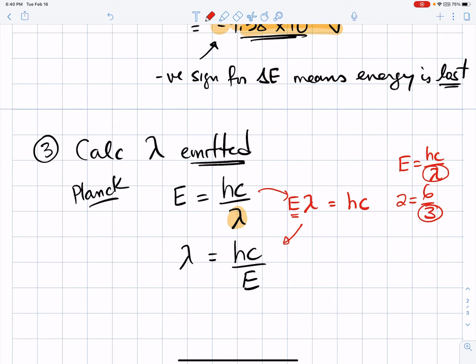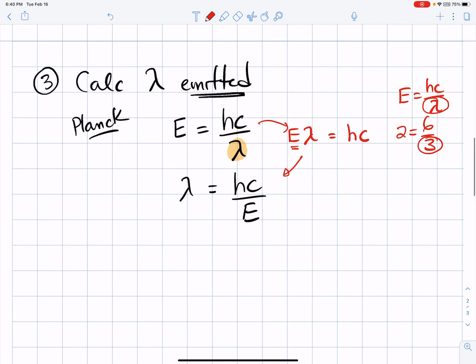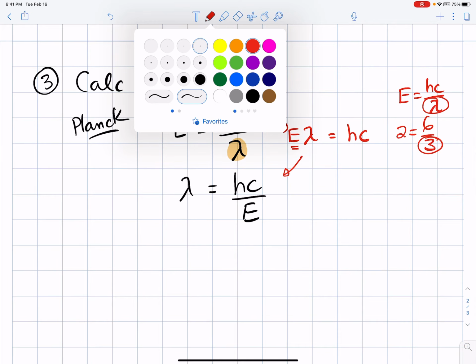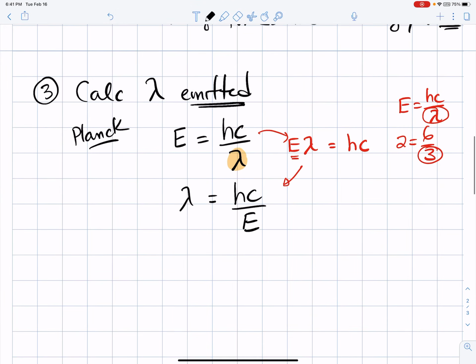So to get the lambda up above, you would do the same thing. You would take the hc, which is in the position of the 6, and you would divide it by E, which is in the position of the 2. So lambda is hc over E, the same way that 3 is 6 divided by 2, using the same kind of equation. So now that I've got my equation rearranged, let's plug our numbers in.